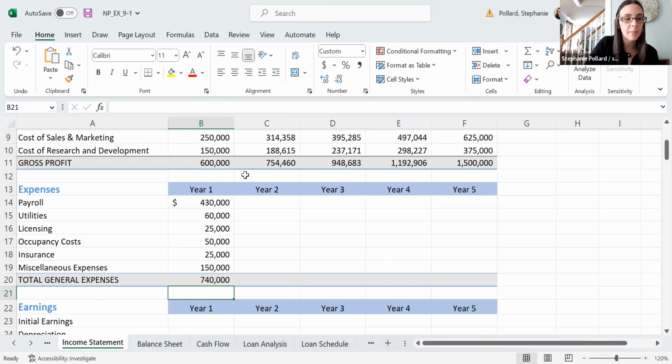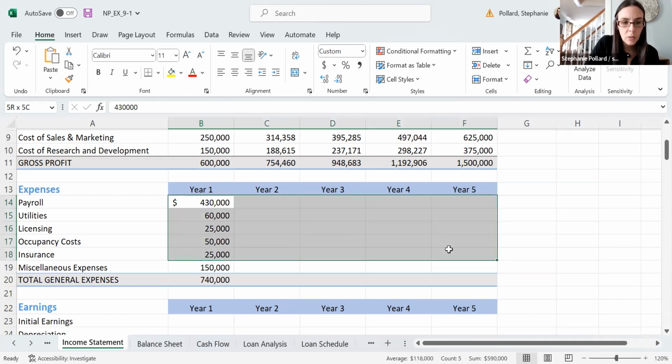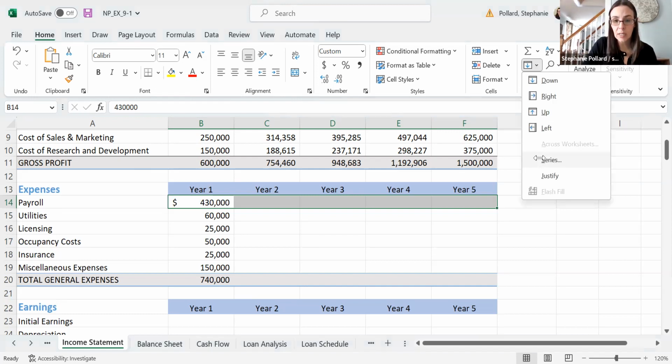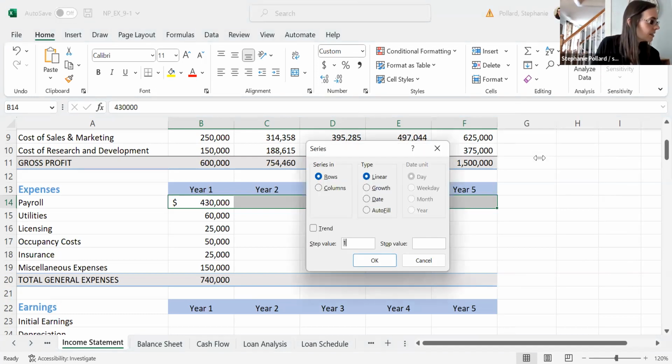All right, so I'm going to select my range B14, because I'm going to go ahead and extrapolate here. I'm going to do the same process, go back to Home, go back to my Fill feature and to Series. Now in this case, we're going to stick with the growth. So let's change to growth. So it's an exponential change here. We're going to stick with that for right now, assuming that that's the best fit for our company.